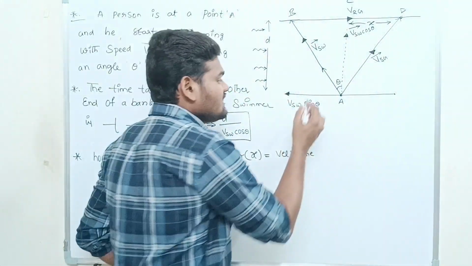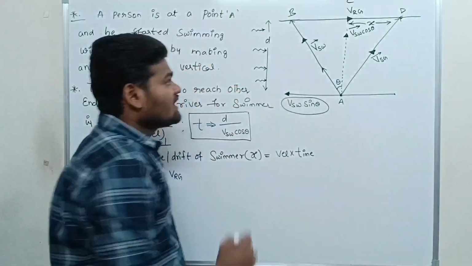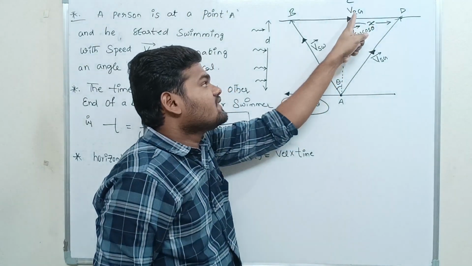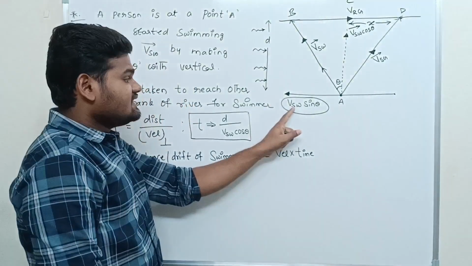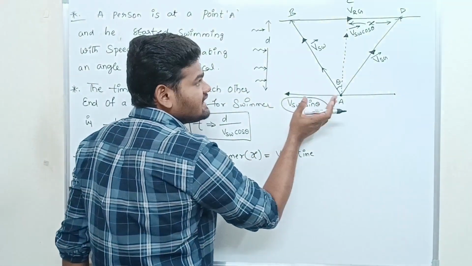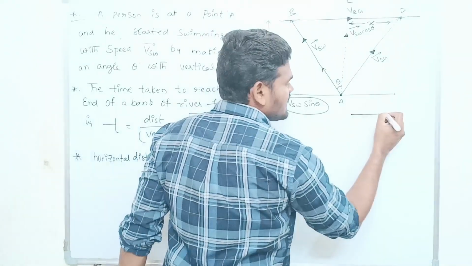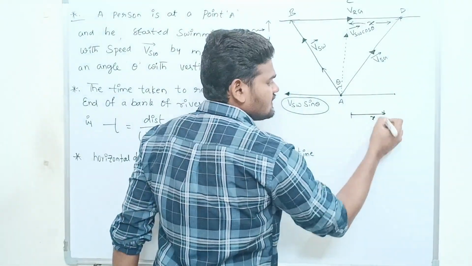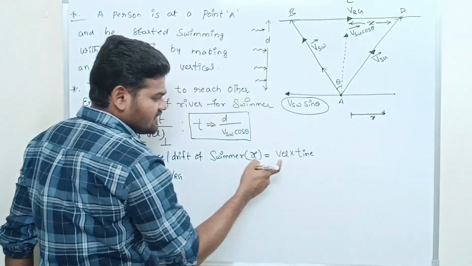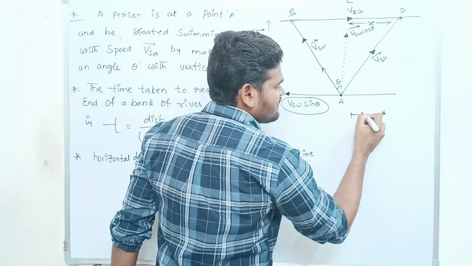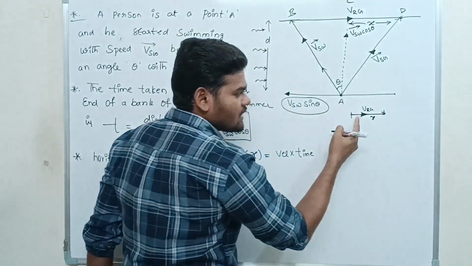So what is that? VSW sin theta. With respect to the velocity of river with respect to ground, this velocity VSW sin theta is in the opposite direction. This is a drift, x is the drift. So which velocity do you have to take to write the equation for drift? The velocity of river with respect to ground.